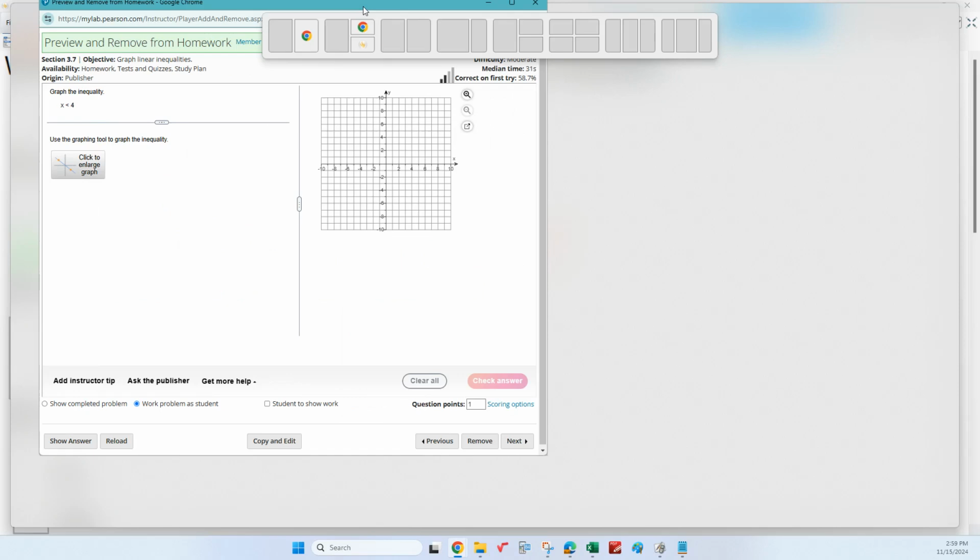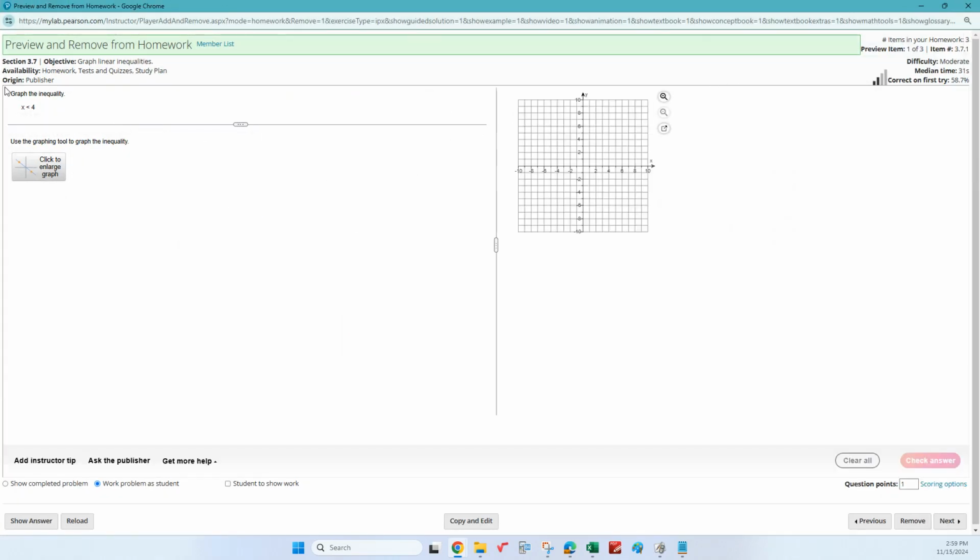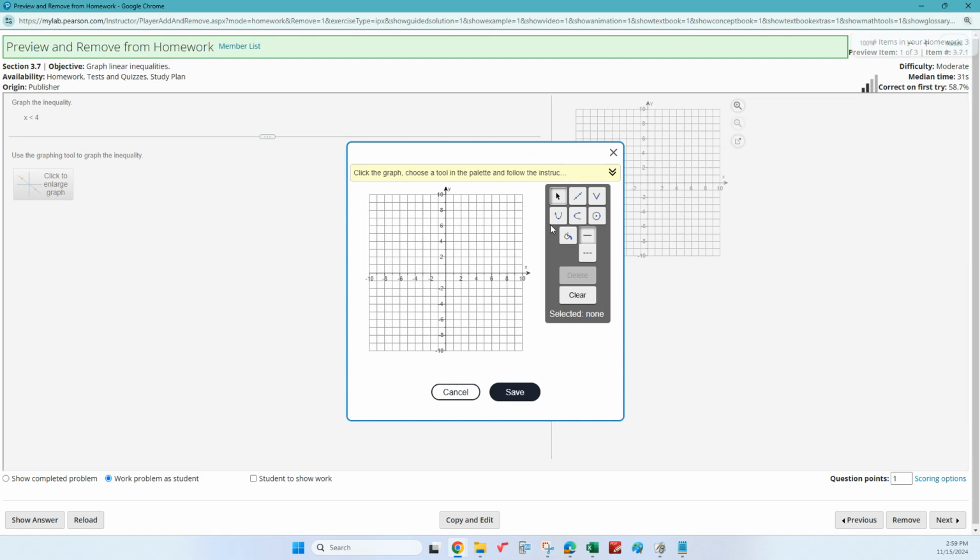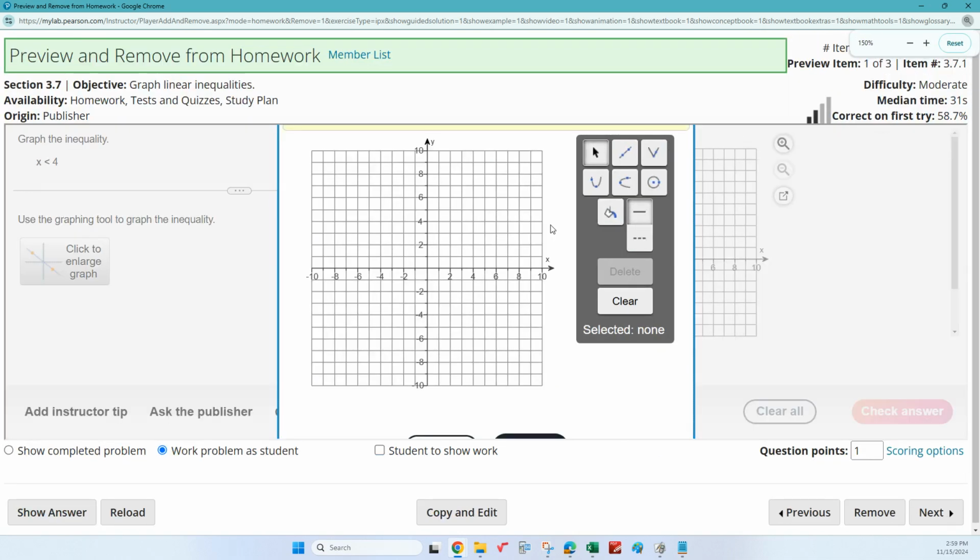Okay, so raise hands. Now, I want to graph the inequality x is less than 4. Everybody see that? X is less than 4. So first of all, remind me about this. If I'm graphing an inequality, not an absolute value function, what do the graphs always end up looking like?